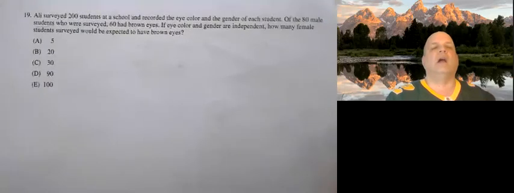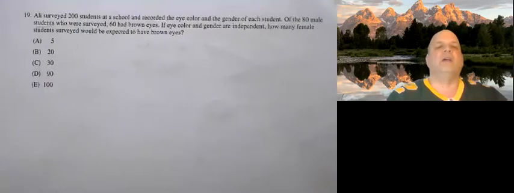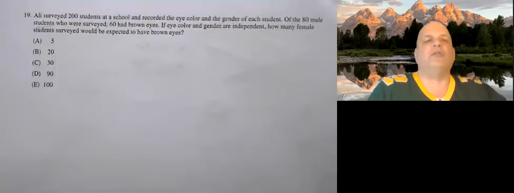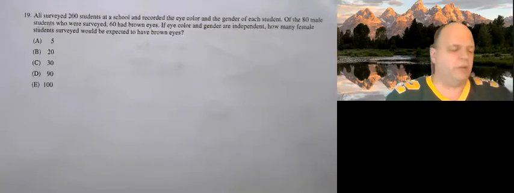All right. Number 19, Ali surveyed 200 students at school and recorded the eye color and gender of each student. Of the 80 male students who were surveyed, 60 had brown eyes. If eye color and gender are independent, how many female students surveyed would be expected to have brown eyes?